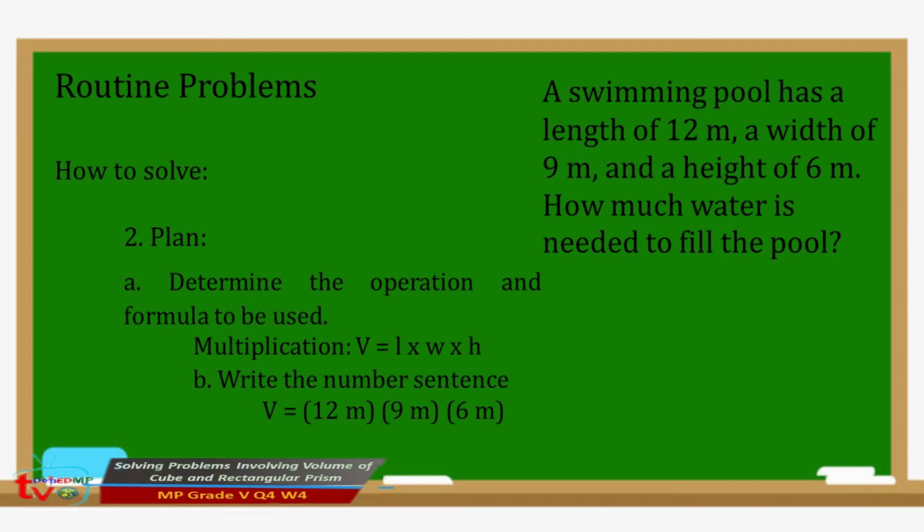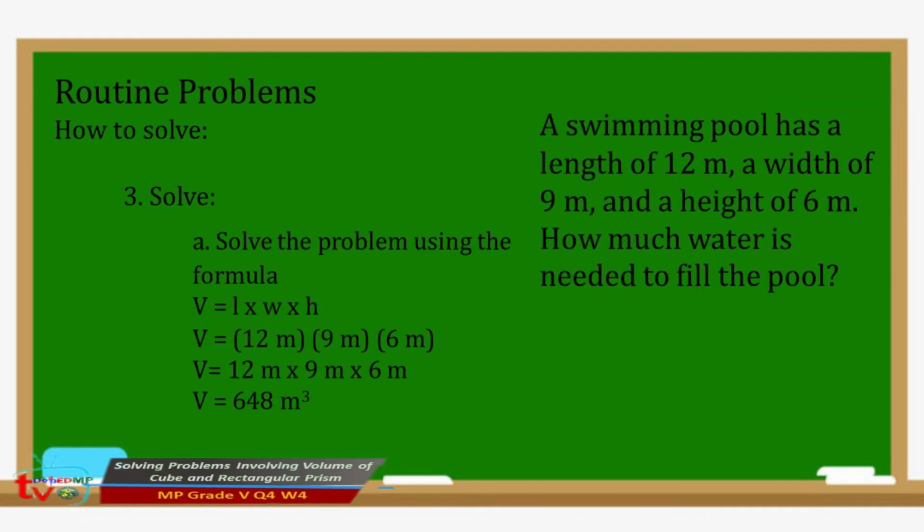So we are going to use this formula: volume is equal to length times width times height. After determining the operation and the formula to be used, we have to write the number sentence. The number sentence here now is volume is equal to 12 meters times 9 meters times 6 meters.